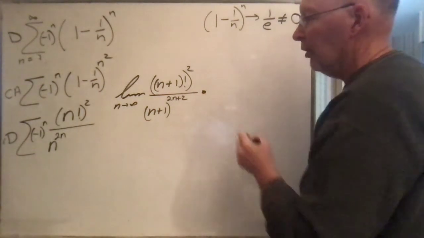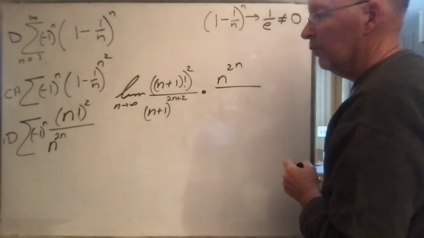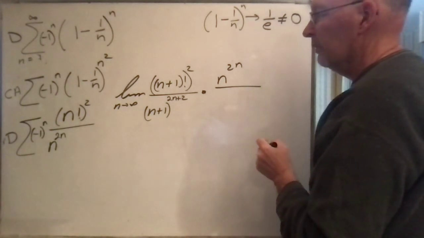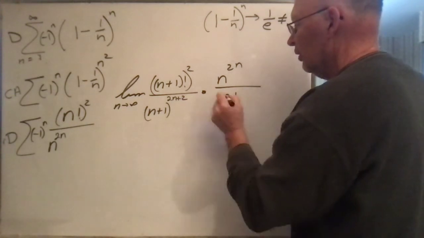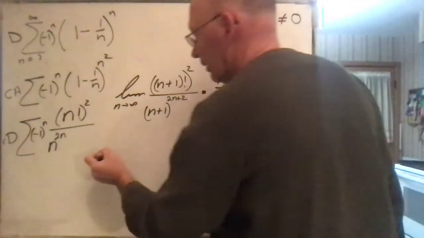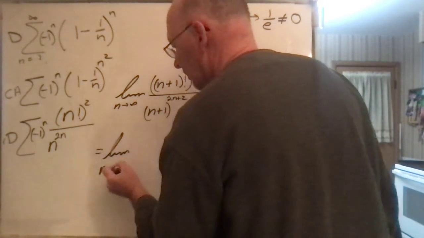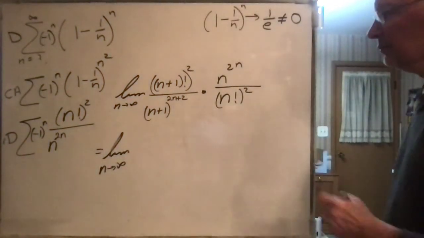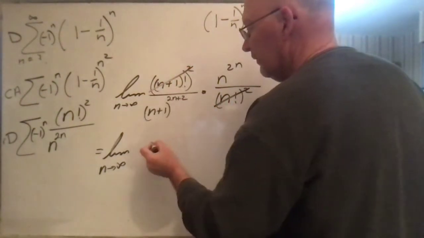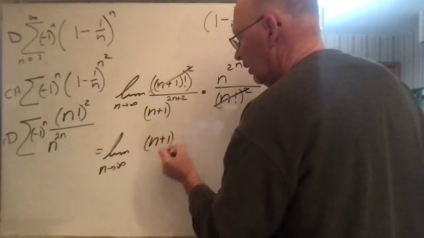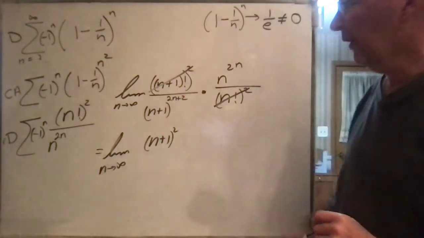Now, flip it over and multiply n to the 2n all over what? N factorial squared. So what happens? These go with all of these, leaving just an n plus 1 quantity squared up on top, right? Because I have an n plus 1 for each one of those.